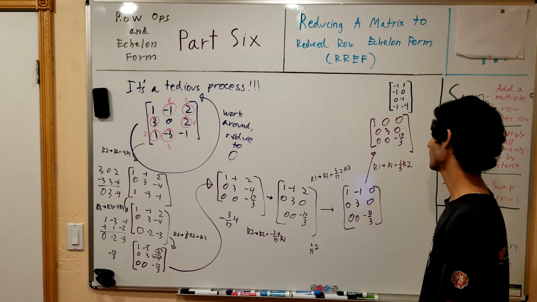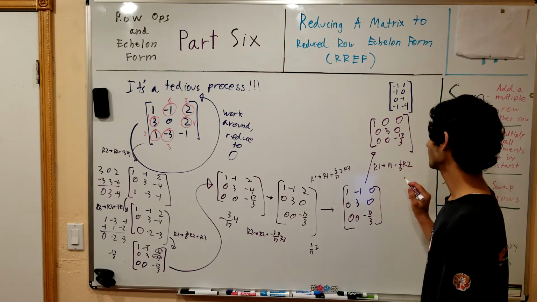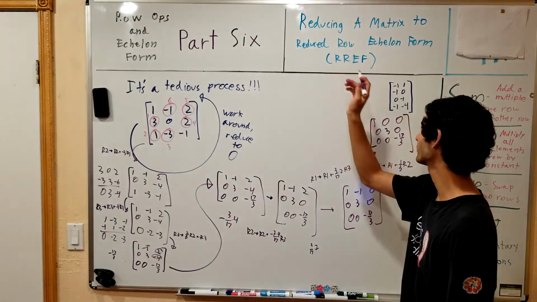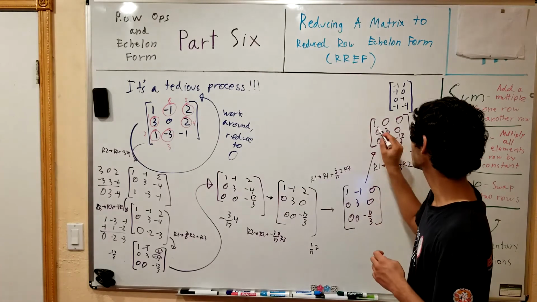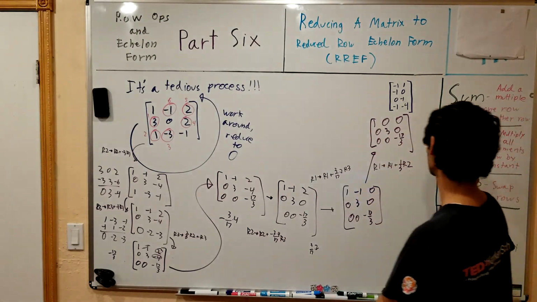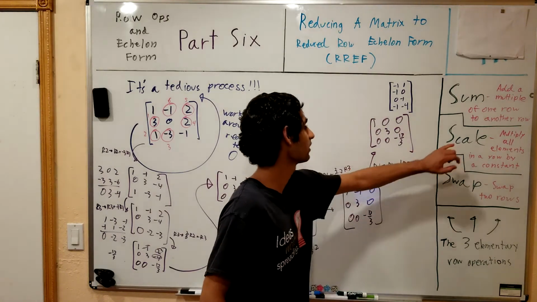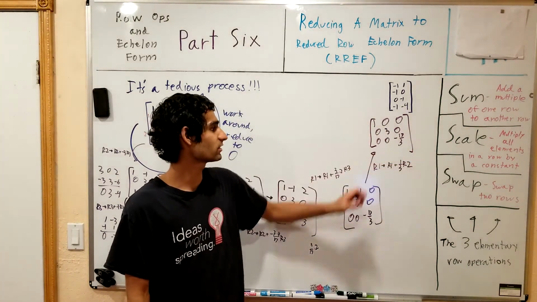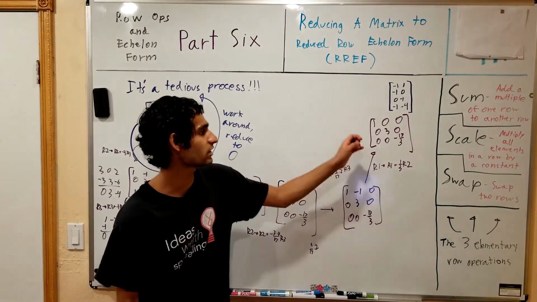Now just tell me, is this in echelon form? It is in echelon form. Is this in RREF? No, it is not, because I need to have all my leading elements be 1. But that's not hard. We have our scale operation. Why don't we just multiply the second row by 1/3 and the third row by negative 3 over 17.